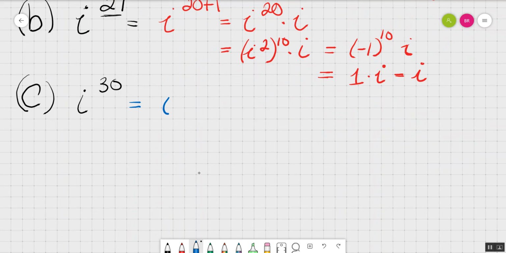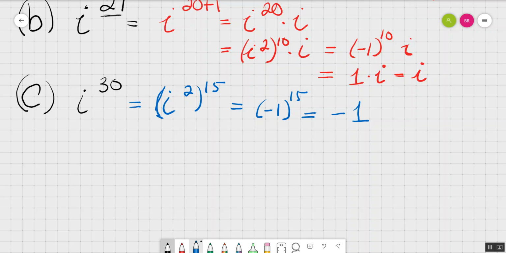So I'm going to rewrite this as i squared to the 15th power, because 15 times 2 will give me 30. i squared is -1. -1 to the 15th power, that's going to be -1 times itself 15 times, which is -1. Done. Yep. Convince yourself this is true. If not, we might need to talk.